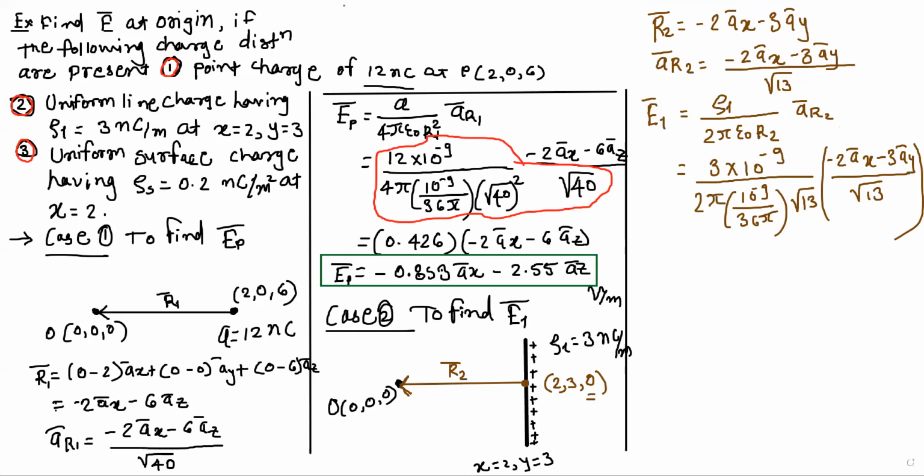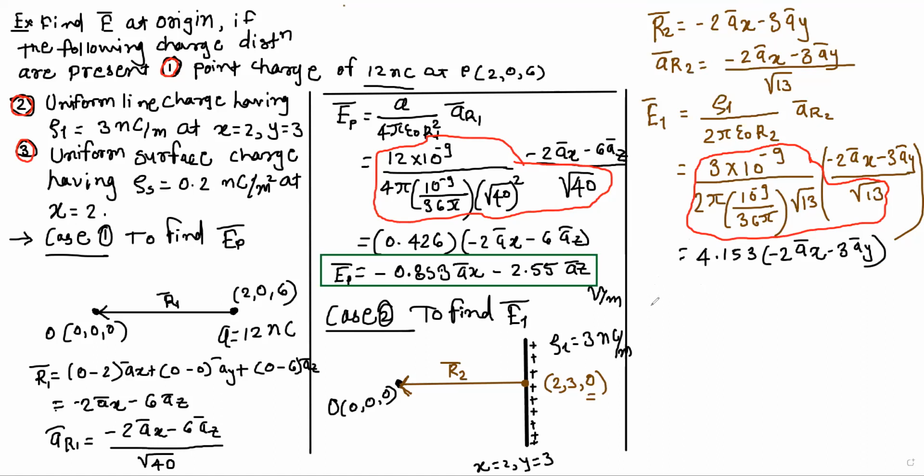Now you have to calculate this part. 4.153. It is 4.153. Okay. Is it correct? Others also, please keep on checking. 4.153 into minus 2 A bar X minus 3 A bar Y. Right?